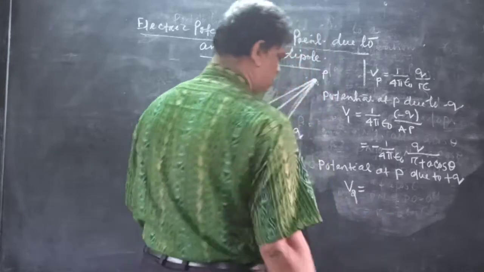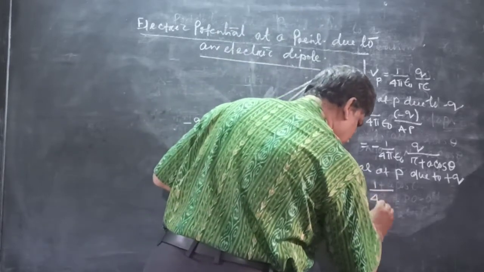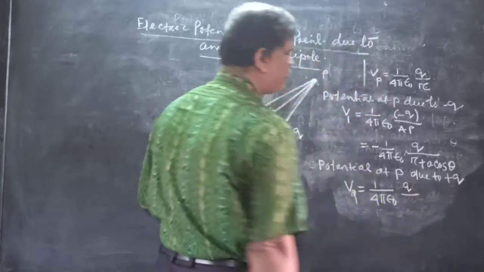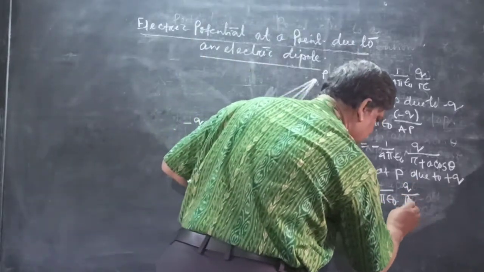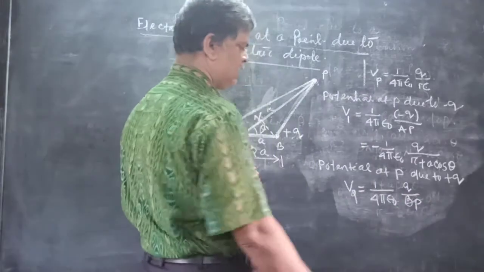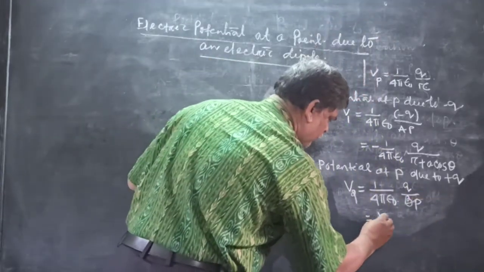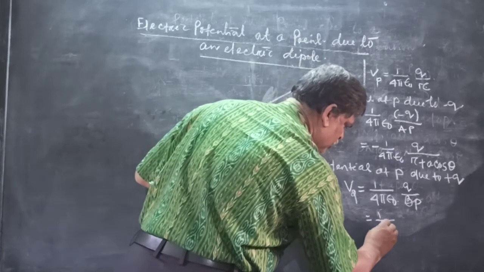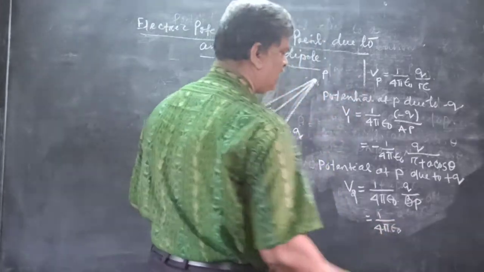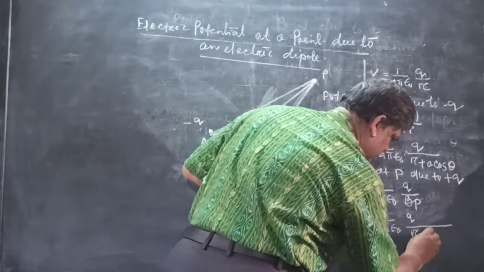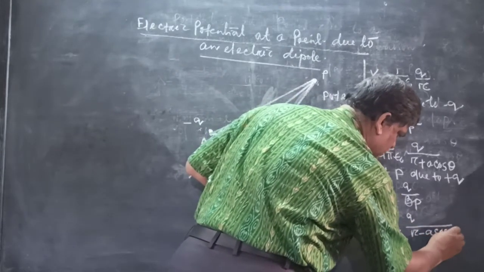V2 is equal to 1 by 4 pi epsilon 0 Q by BP. So this can be written as 1 by 4 pi epsilon 0 Q by BP, where BP is equal to R minus A cos theta.